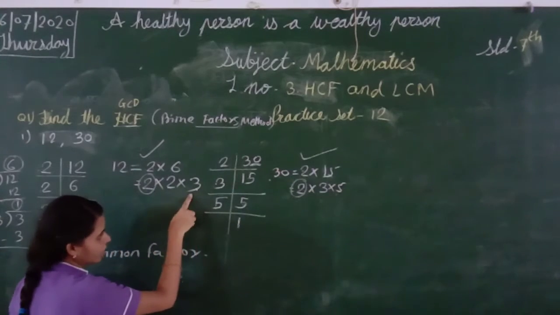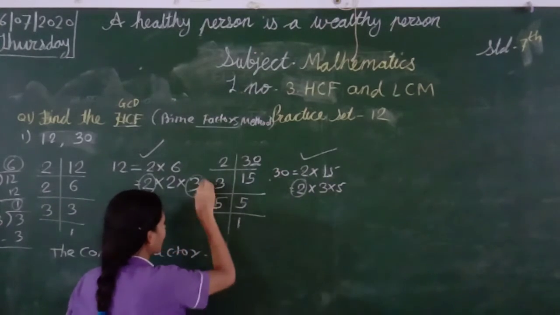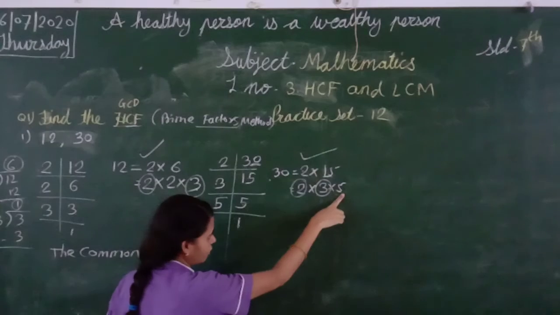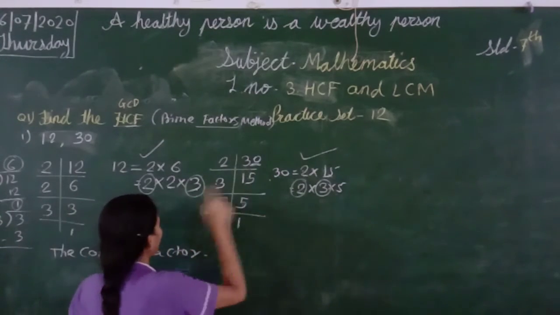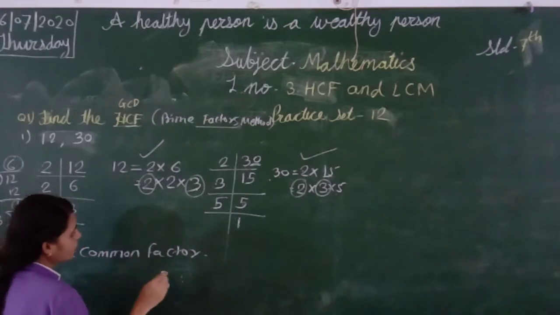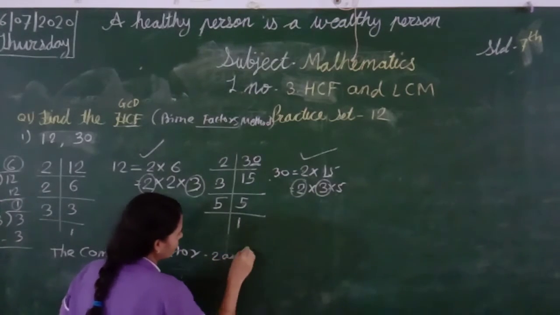Here 3, and here also 3, so 3 is also a common factor. Here we have 5 in 30, but here we do not, so we will not take the 5. So what are the common factors? Only 2 and 3.